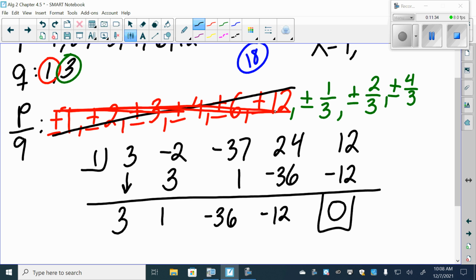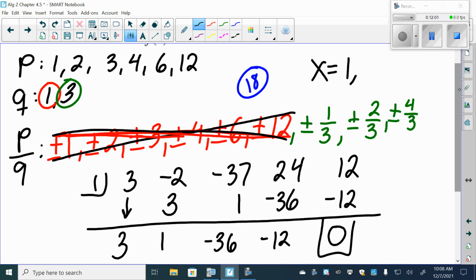That's odd. 1 did work, but it only worked once. Because we have a total of 4 solutions, we do see that it crossed 3 other places. So 1's going to only work 1 time. So the other solutions can't be any of these 3 here. It's got to be one of these over here. But that did eliminate 1, 2, 3, 4, 6, 12. So we're really left with 6 possible answer choices for the other 3.